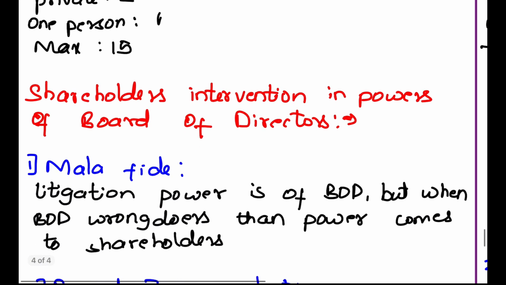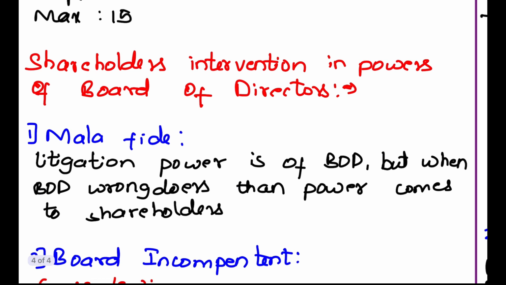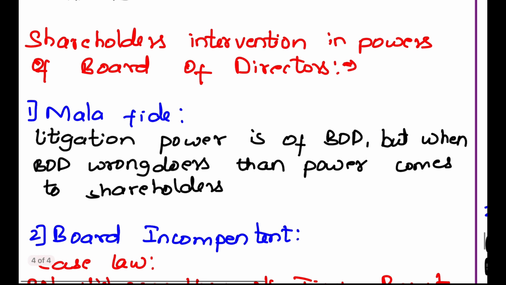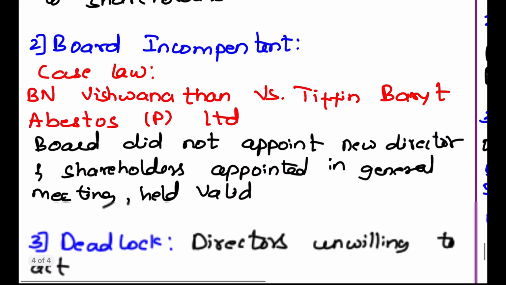Now, shareholders' intervention in the powers of the Board of Directors. When can a shareholder intervene in the exercise of powers of the Board of Directors? First, if the Board of Directors is acting in a nullified manner. The power is under the Board of Directors, but if the Board is itself a wrongdoer, then the power comes to the shareholders, and they can intervene. Next is when the Board is incompetent.